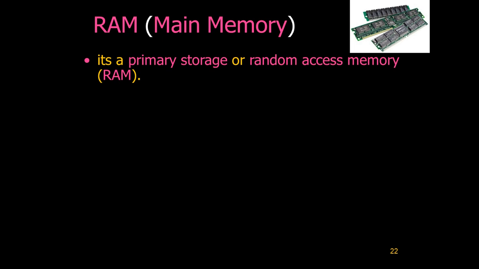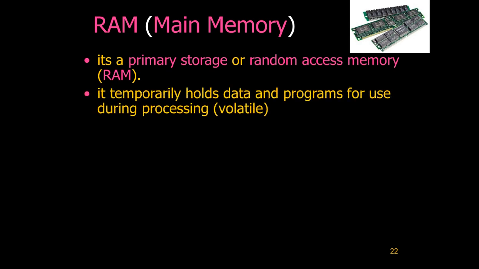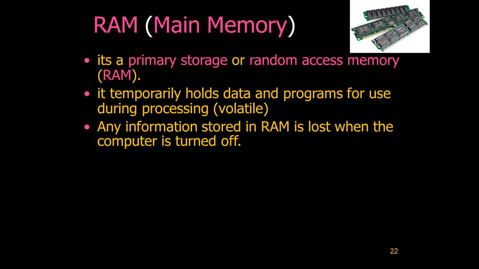RAM is the primary storage. It is temporary, or we can say it is volatile, meaning as you are typing, as you are editing, if you don't save, it will remain in RAM and it will be lost.